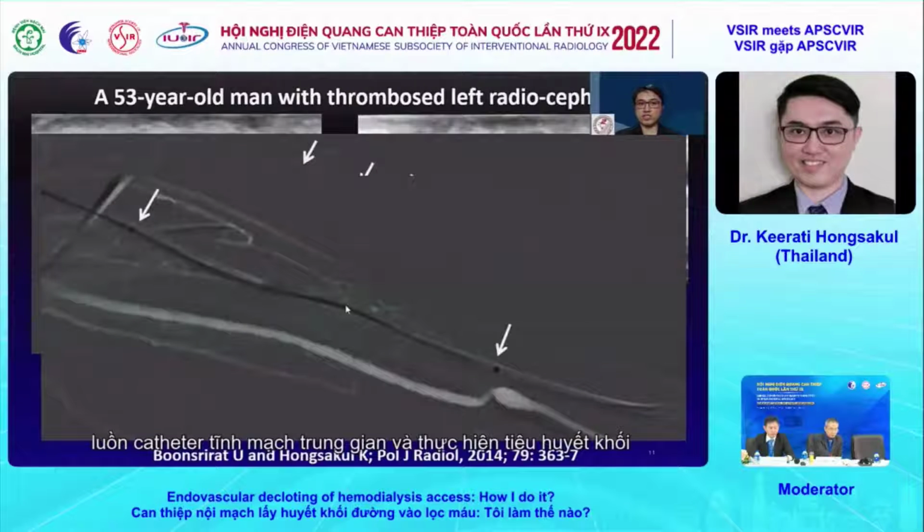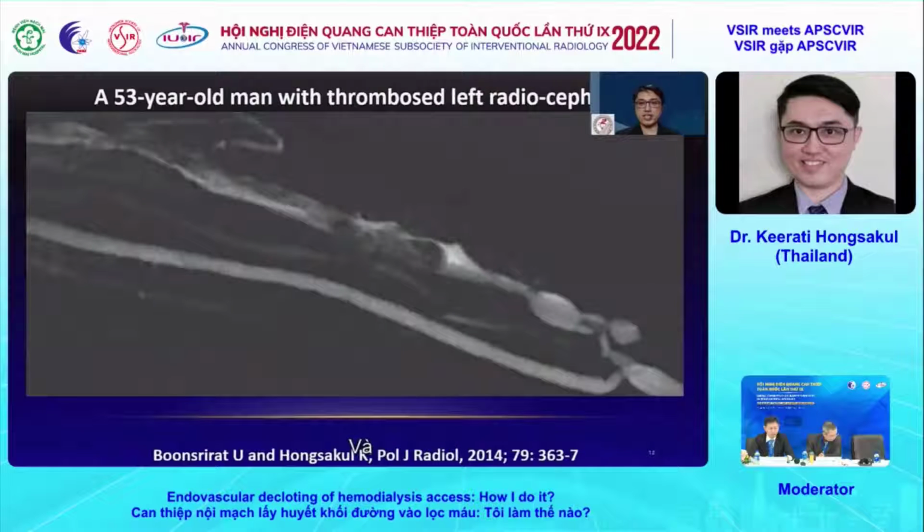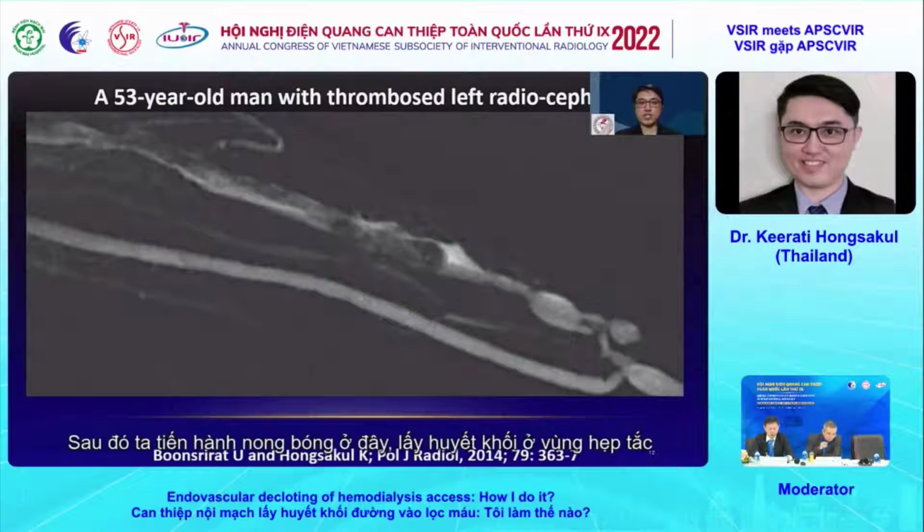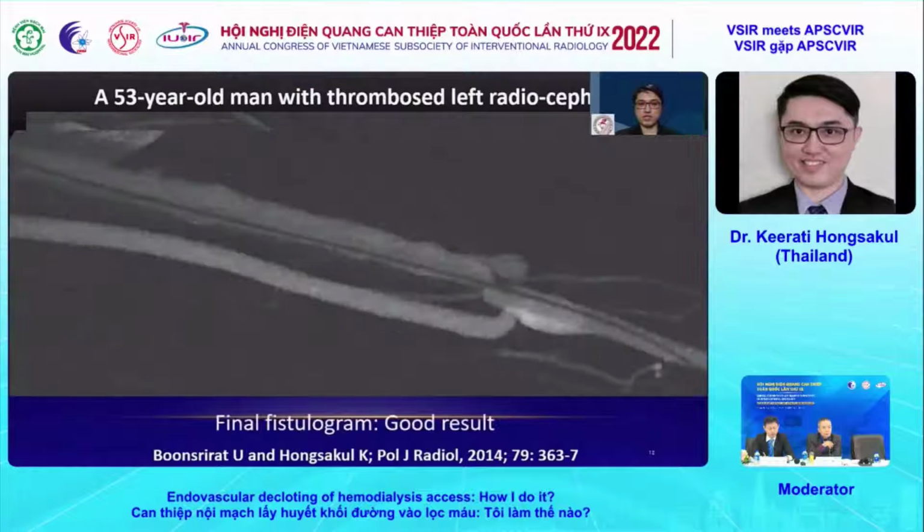And we inserted the infusion catheter and performed thrombolysis. And after thrombolysis, you can see the cephalic vein is quite open, with still residual thrombus and underlying stenosis at the AV anastomosis. After that, we performed balloon angioplasty to macerate the clot and treat the underlying stenosis. And this is the final result, with good patency of the access.